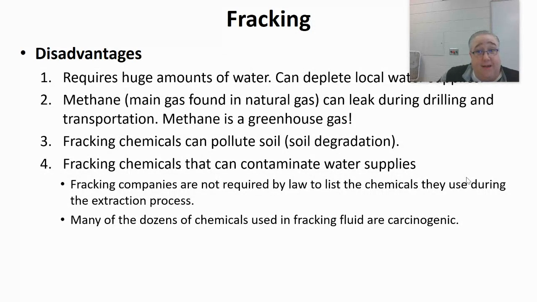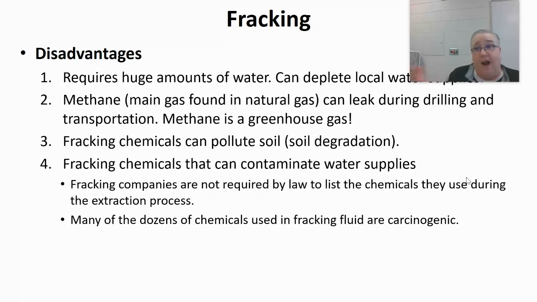Well, these fracking companies, by law, do not have to give their recipe for their fracking fluid because if they did, other companies could steal that recipe and use that fracking fluid to open their own fracking business and take money away from other companies. So fracking companies have a little loophole.